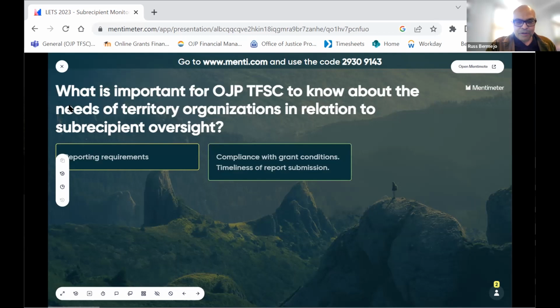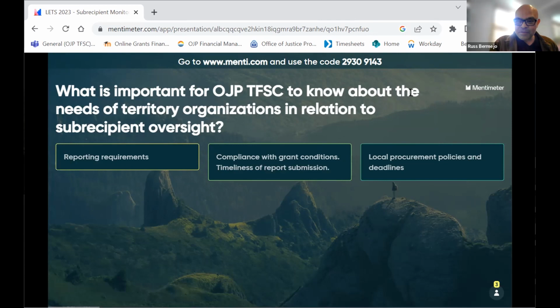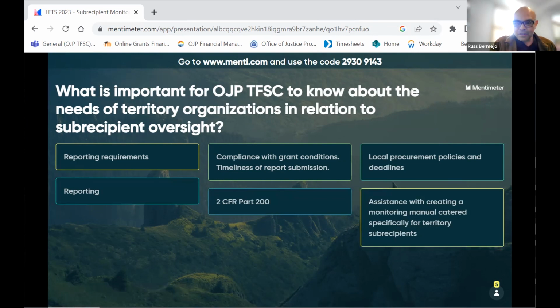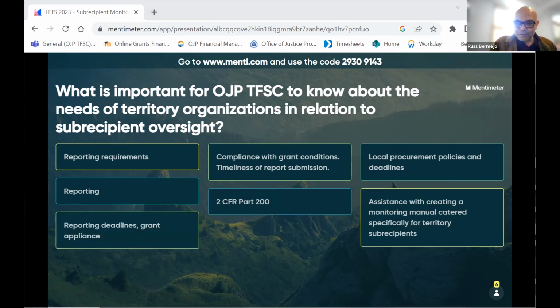Yep. So reporting, big issue. What else? What is important for us to know? Local procurement policies and deadlines. We hear this quite a bit. Yep. Reporting to CFR. Thank you, everyone, for responding.